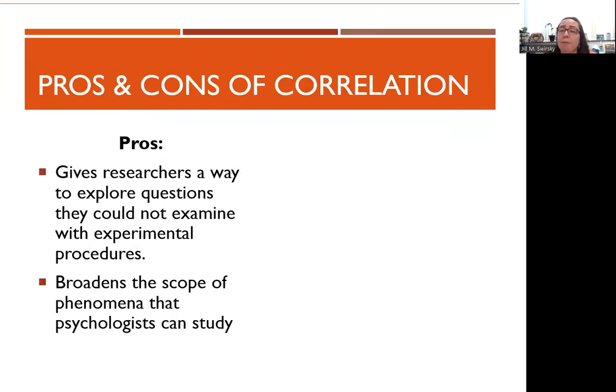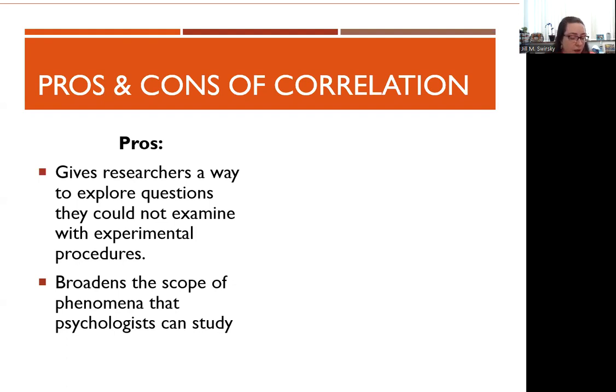Now, just very quickly, there are some advantages and disadvantages to correlational research more broadly. The pros are that they give researchers a way to explore questions that we may not have been able to access with experimental procedures. Sometimes it is impossible or unethical to manipulate variables or manipulate scenarios. Take sexual assault, for example.